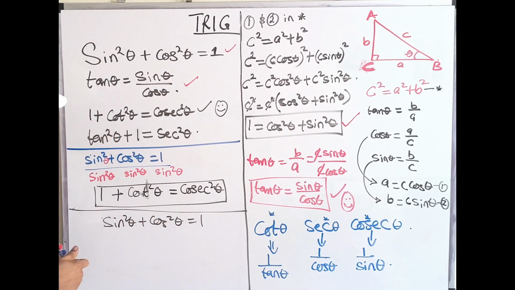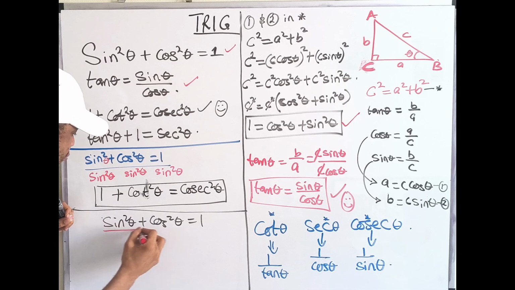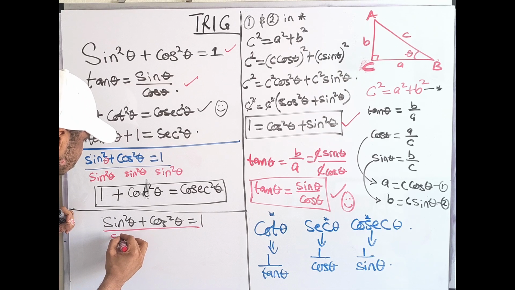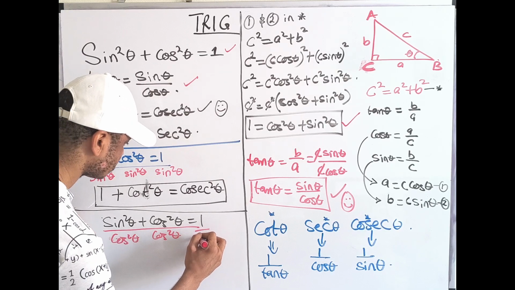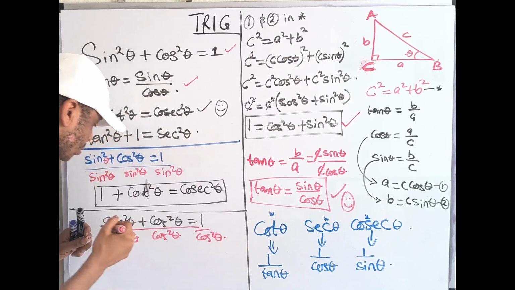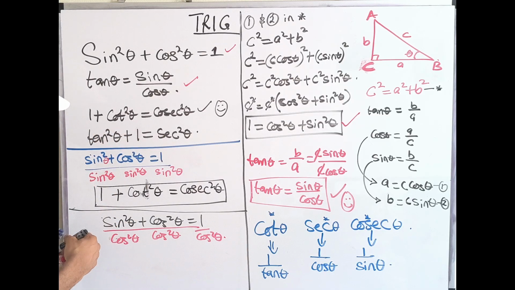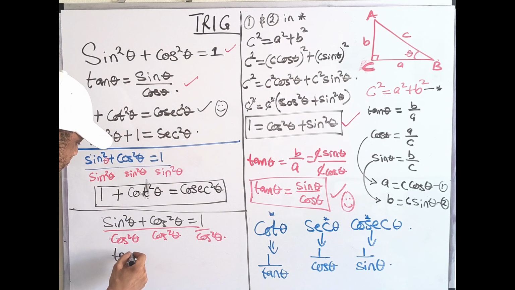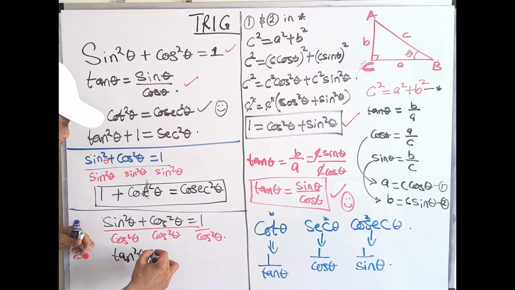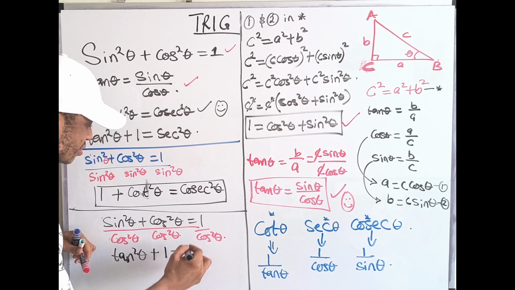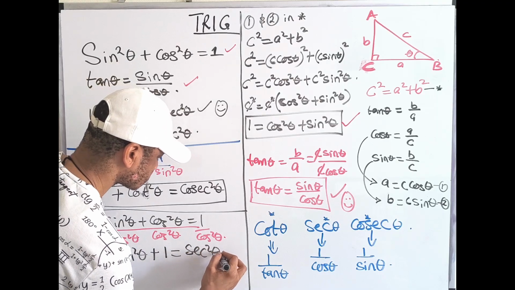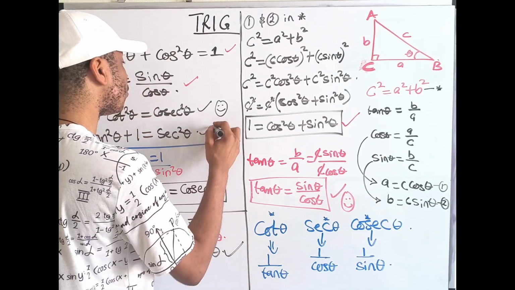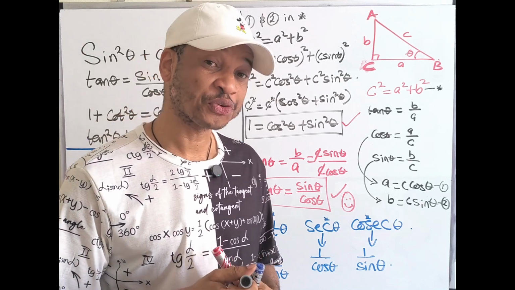So I divide everything by cos squared theta. So what do we have? Sine over cos is tan squared theta. Cos over cos is 1. 1 over cos is sec squared theta. Boom. So all equations have been proved.